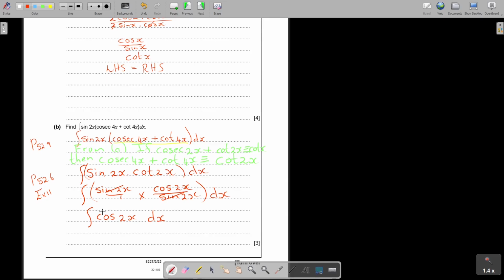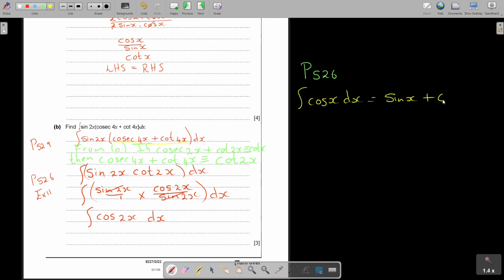I just want to show you page 5 to 6 to show you what rule I'm working with. Okay, so on page 5 to 6, it's saying, because this is cos, if you just have cos, which is on the formulas here, then you will have sin x plus c.